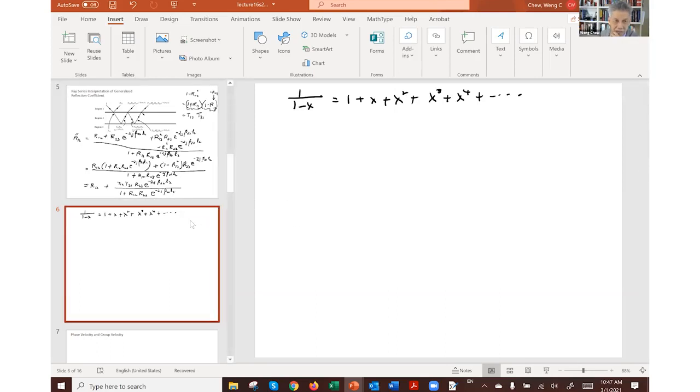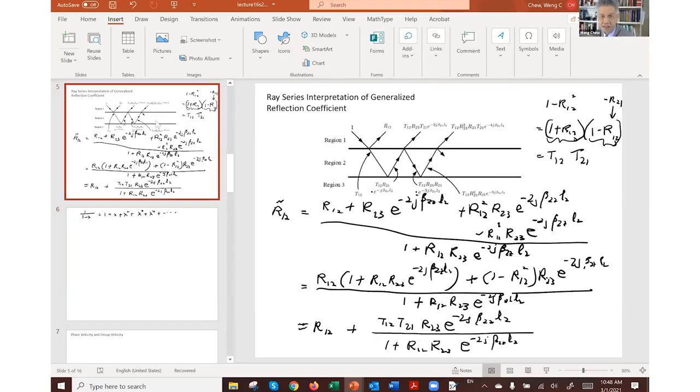I will not go into the details, but if you go through identifying this power series, which is done in the lecture notes, each term can be physically interpreted as such. For instance, the first term is just this reflected term.